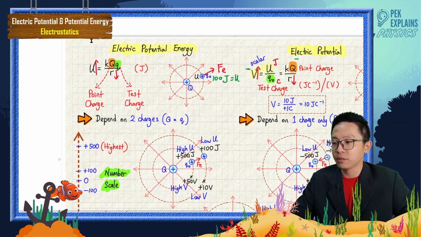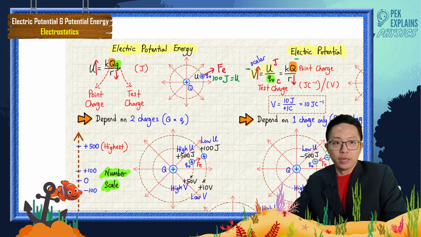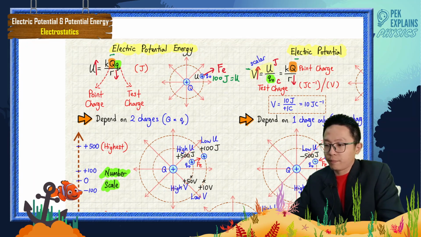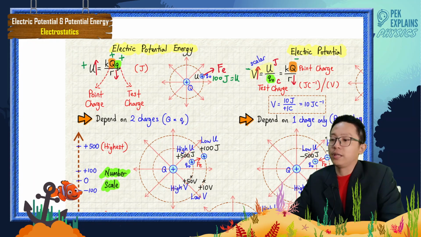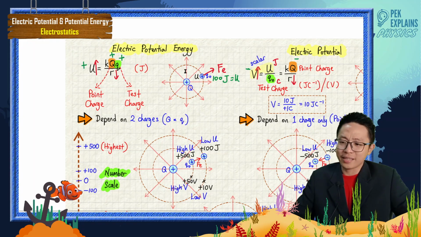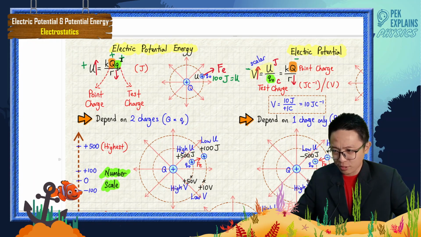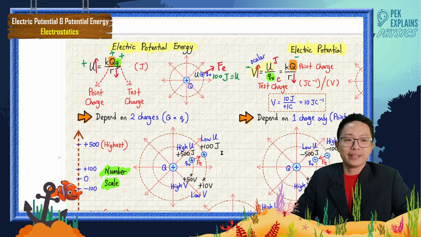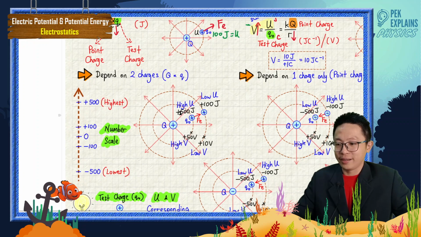When you substitute the values, positive, positive, that's why the potential energy turns out to be a positive value.